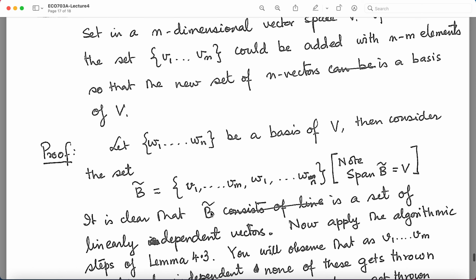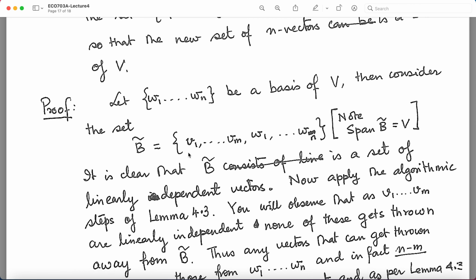Now, these are all linearly dependent vectors, because any Vi can be expressed as a linear combination of W1, W2, ..., Wn, because W1, W2, ..., Wn is a basis of V. So, this whole set is not linearly independent.